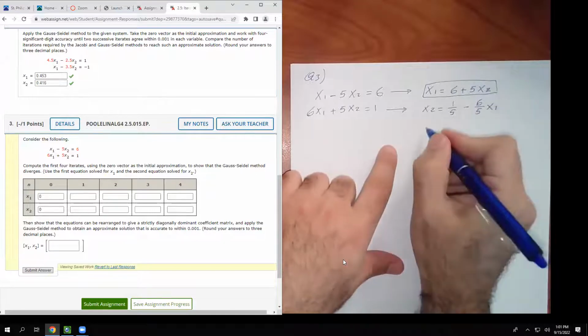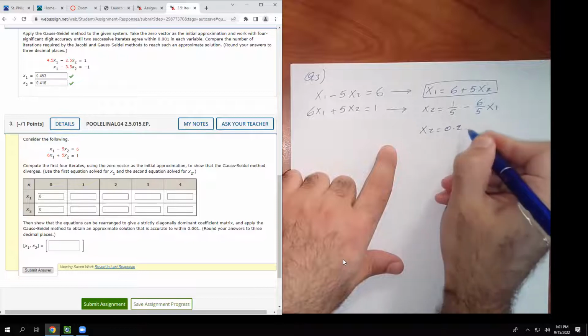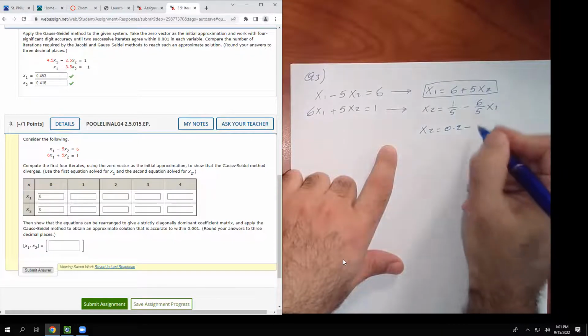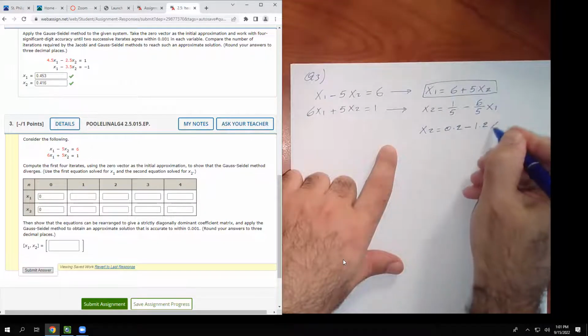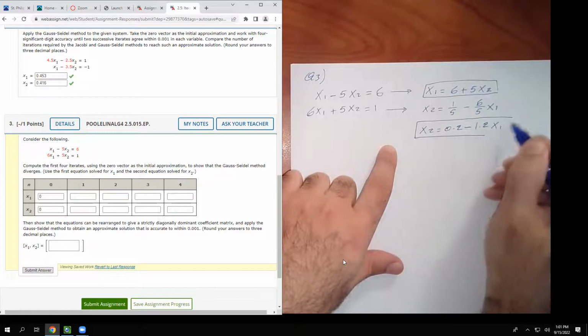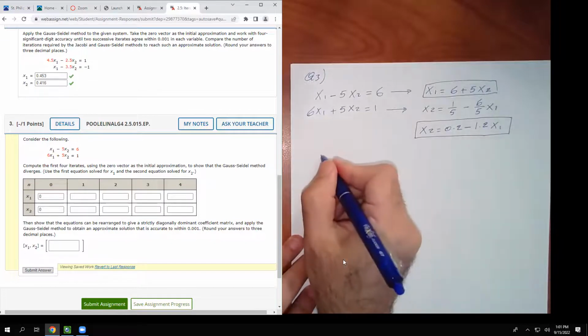Let's simplify this one. So x2 is going to be 0.2, 1 over 5, minus 6 divided by 5 is going to be 1.2 x1. This is the second one. Let's create the table.